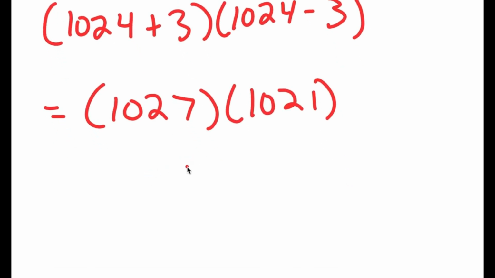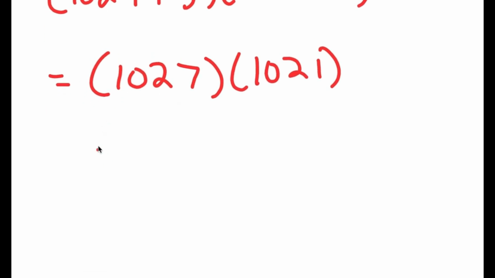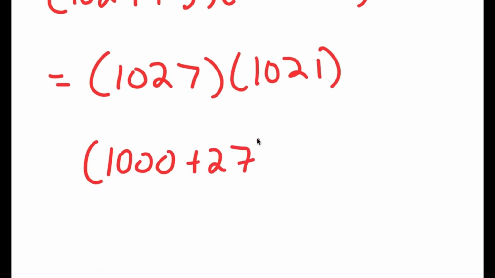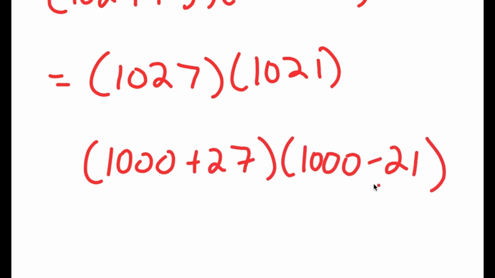Now, we can obviously multiply this in this form, but there is a simpler way to multiply these two numbers. So what I'm going to do is rewrite this as 1000 plus 27 times 1000 plus 21.